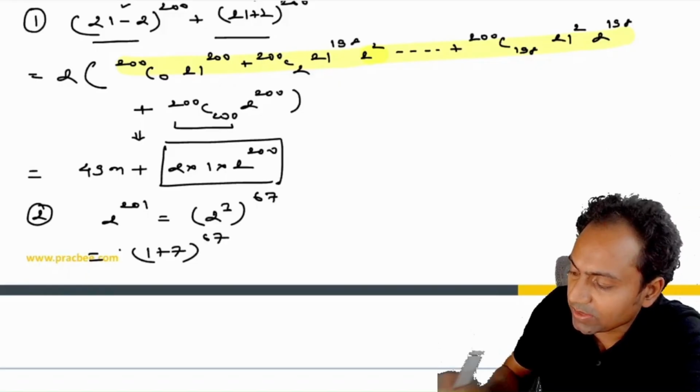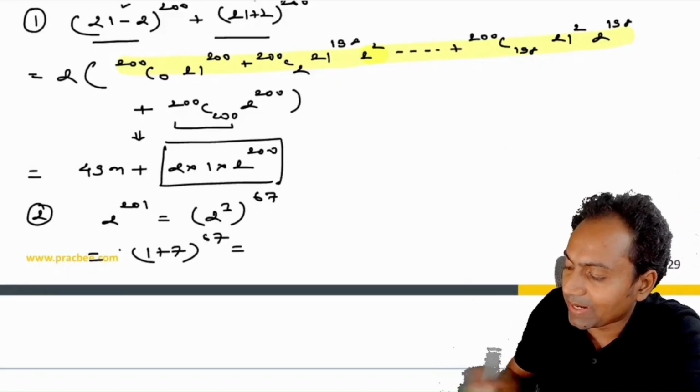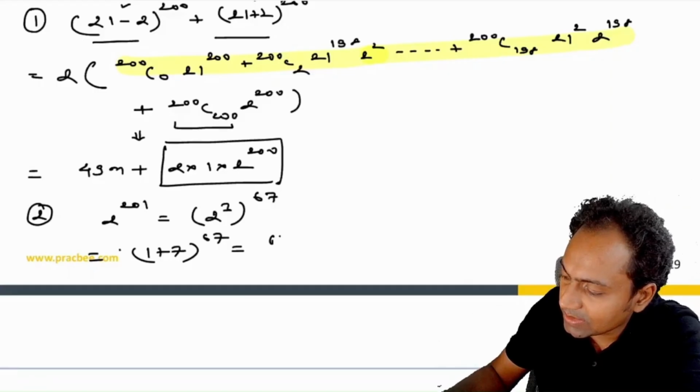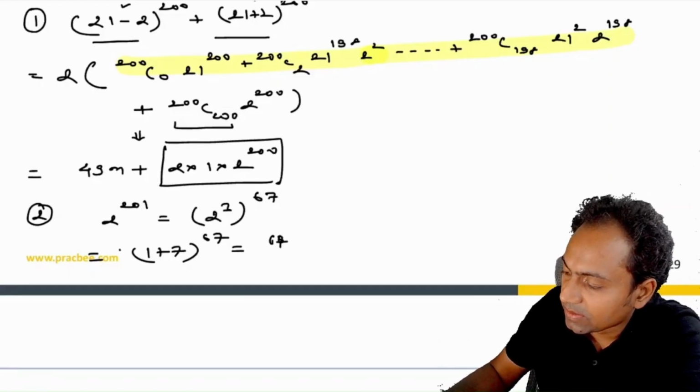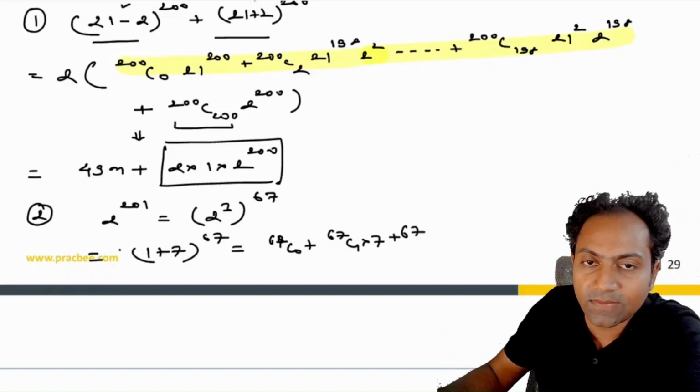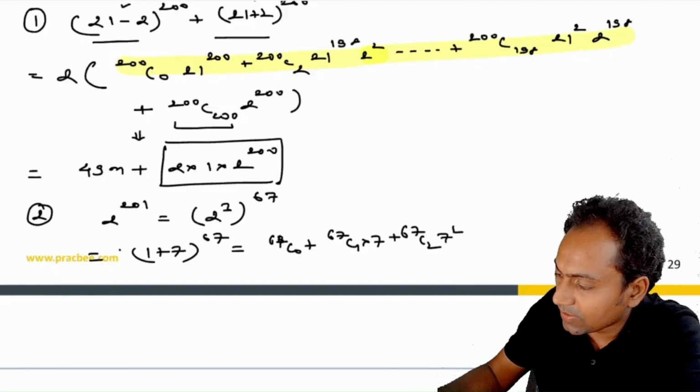So this is what we are getting. And if I expand this, what I'm going to get is 67C0, 67C1 into 7, 67C2 into 7 square, so on and so forth.